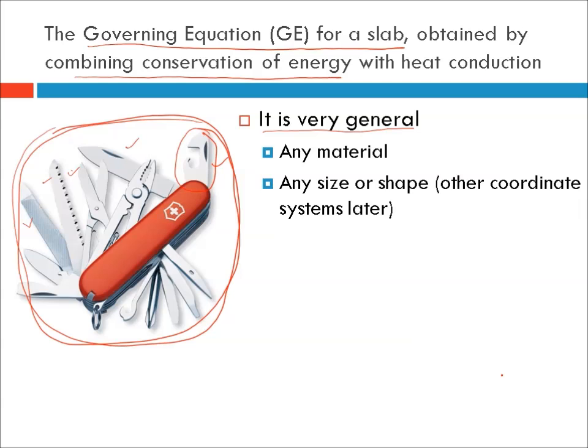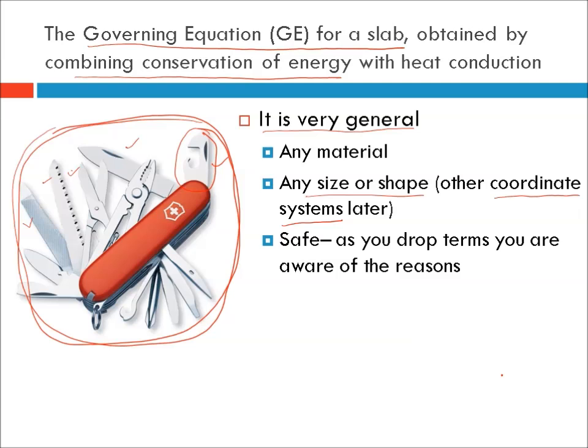It's for any material, any size or shape, and also we are going to soon do other coordinate systems. And then the beautiful aspect of this general governing equation approach is, just like a Swiss knife that has all the tools, you're always safe to carry it. You never know which one you're going to need.